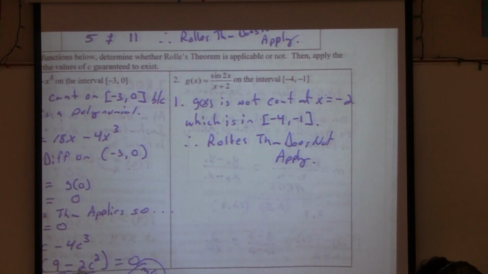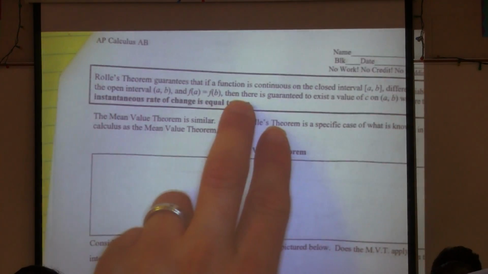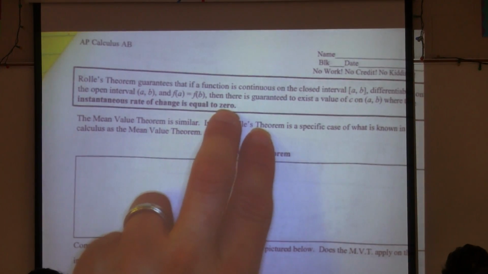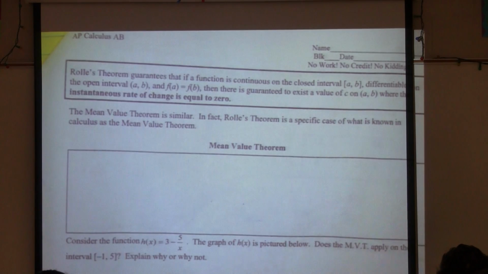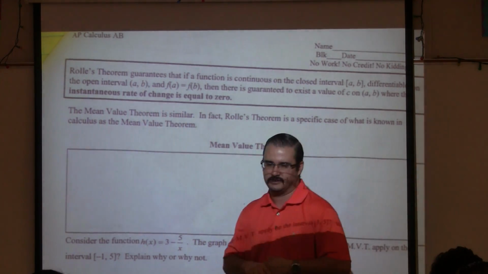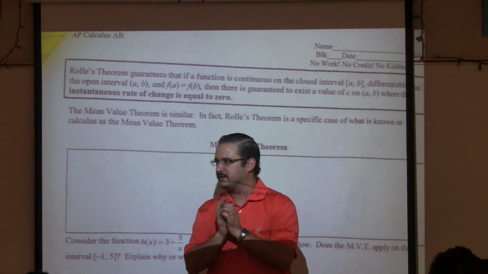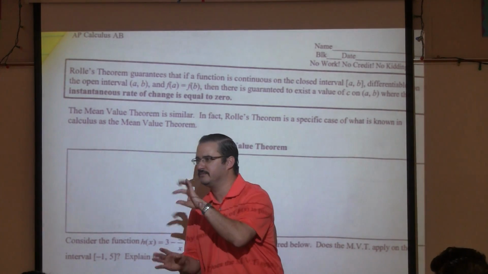Alright, we're going to stop there, and on Monday we'll continue with the mean value theorem, okay? The nicely expressed way of Rolle's theorem is over here on the next page. If you want to read it, it's basically everything that I told you, I just put it into steps to make it easier for you to work, okay? That's exactly what you're checking. Three conditions must be true. If it applies, that implies that the derivative should equal 0 at some value. What are the three things that must be true?